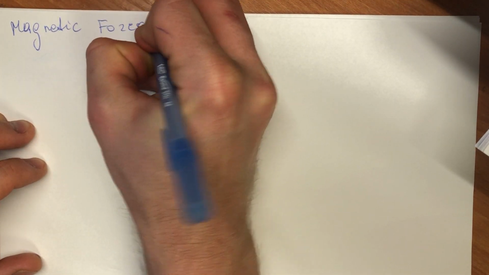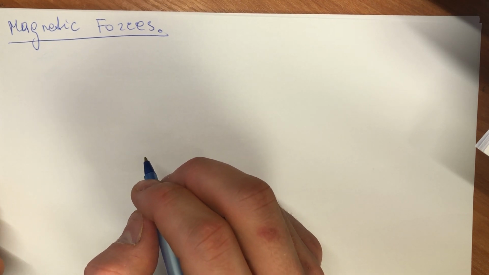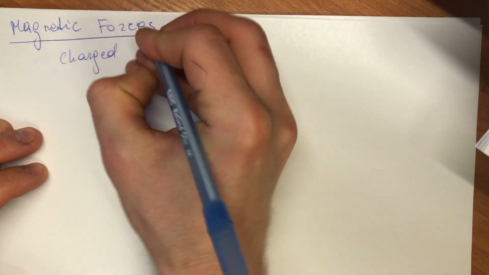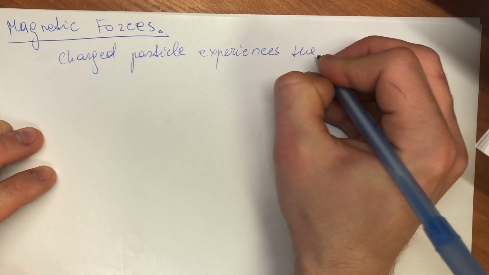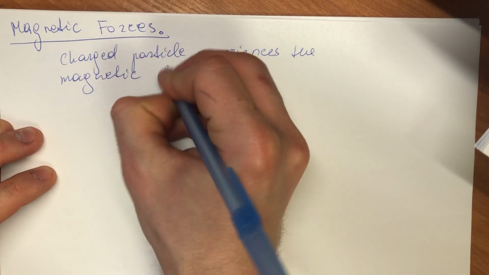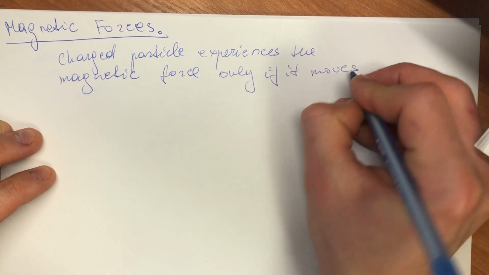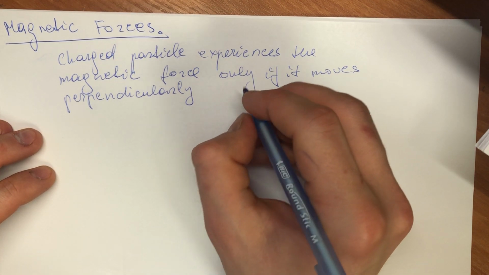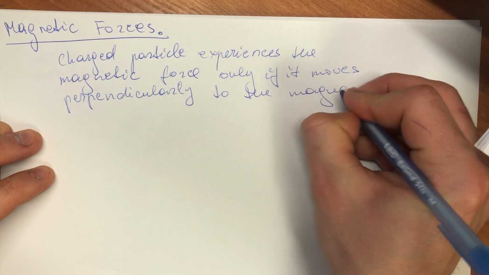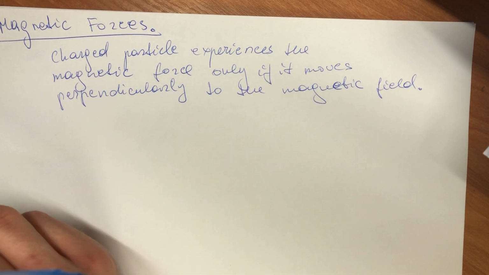So a charged particle experiences the magnetic force only if it moves perpendicularly to the magnetic field. Only if it moves perpendicularly to the magnetic field.